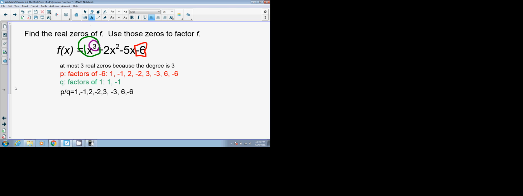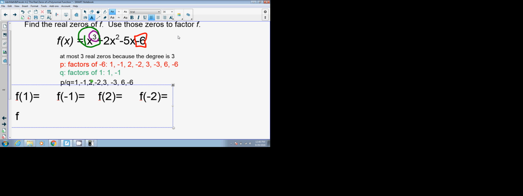So what I'm going to do is I'm going to check f of 1, I'm going to check f of negative 1, I'm going to check f of 2, and same thing with the rest. So I'm checking each of these values.